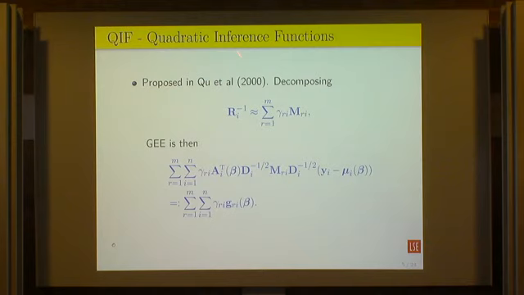In this paper, they come up with some form of basis for this working correlation. This basis is not for the correlation itself, but for the precision of the correlation, so the inverse of the correlation.